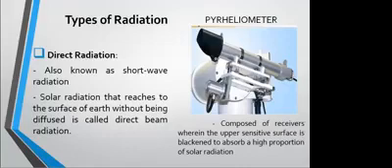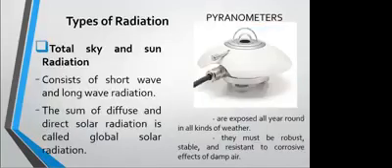Another type of radiation we have is the total sky and sun radiation. It consists of shortwave and long wave radiation. This is a combination of short and long wave radiation. Now this is the sum of diffuse and direct solar radiation, which is also called the global solar radiation.